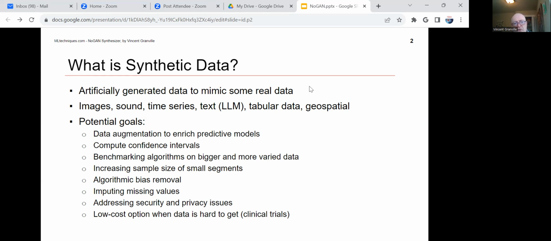It's also been used for reducing what's called algorithm bias, and for imputing missing values. There's also a lot of emphasis on security and privacy. For instance, if your data set contains credit card information, social security numbers, stuff like that, you can use synthetic data to make it nearly impossible to reverse engineer the data set, to preserve the privacy.